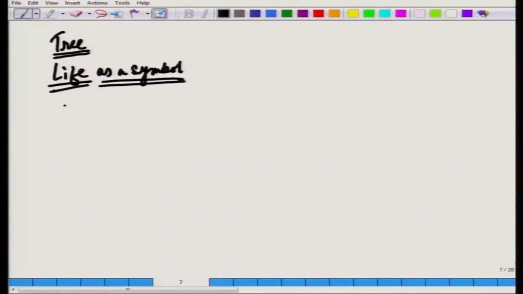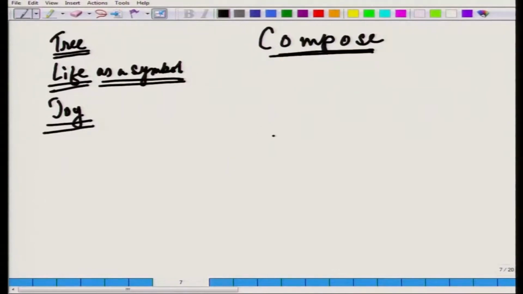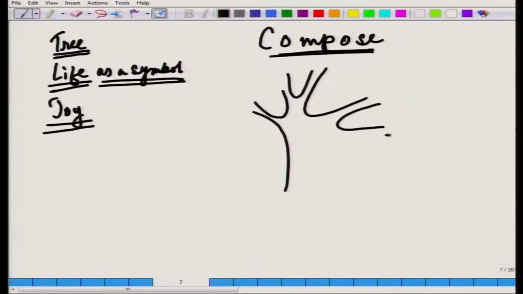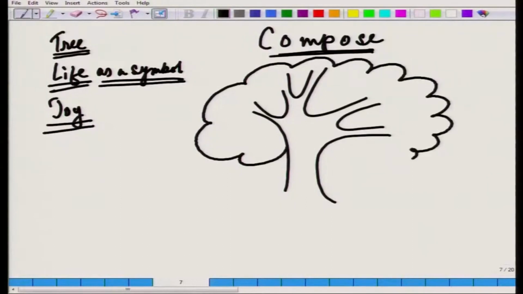So, we can have one idea like joy. So, these are certain randomly chosen ideas that we may have to put together in a composition. So, when we compose, we draw a tree, and this is just a tree.